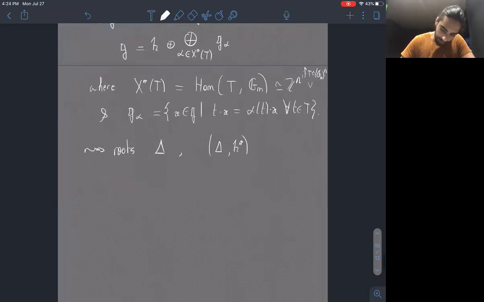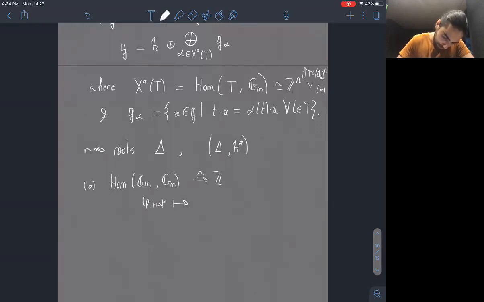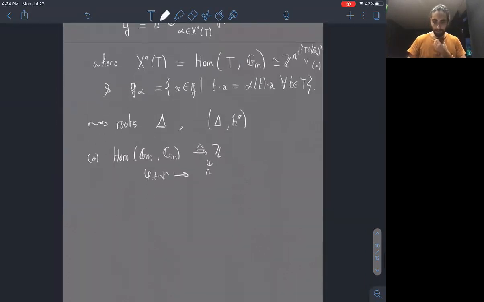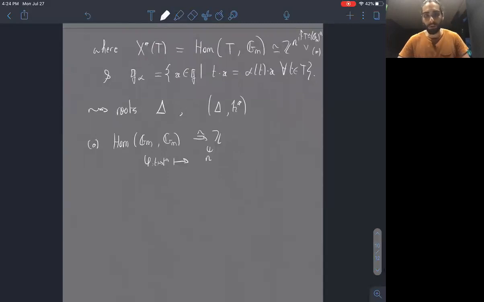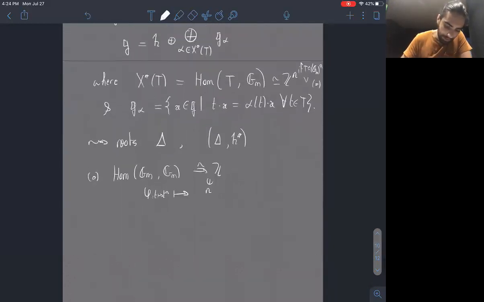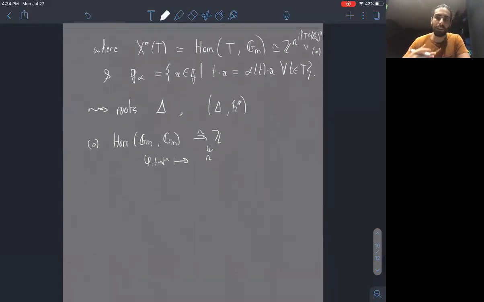And the reason for that is that if you look at algebraic maps from G_m to itself, this can be identified with Z under the identification that sends a map phi, sending t to t to the n in the ring sense, to the integer n. So that's one fact we'll be using a lot: if you're working with the weight lattice or character lattice at the level of algebraic groups, you only get integral things. So the integral adjective is just automatically part of the root data.